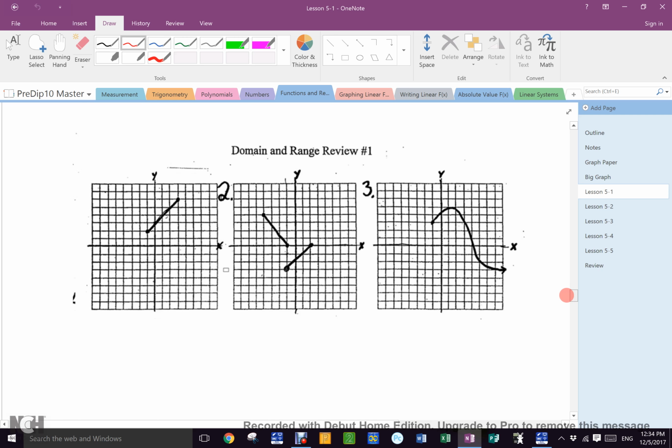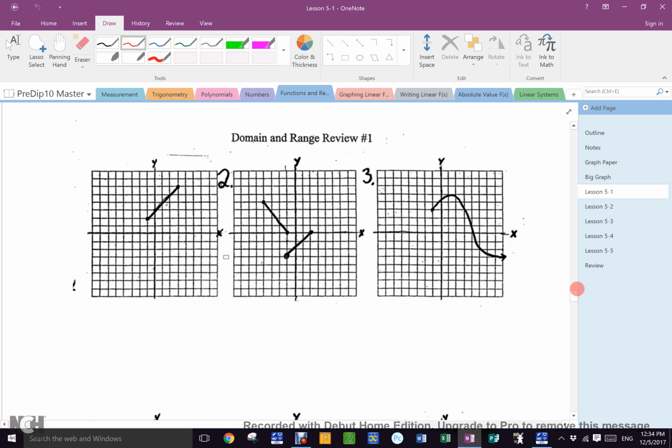But the photocopying's a little dodgy, so follow along with me in your books. The first one, they are obviously both closed dots, so I'm going to make them significantly bigger. I want to know the same thing I've wanted in every piece of our notes. Function, yes or no, domain and range.